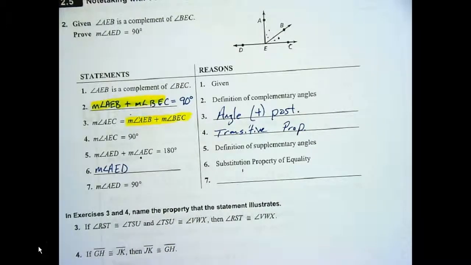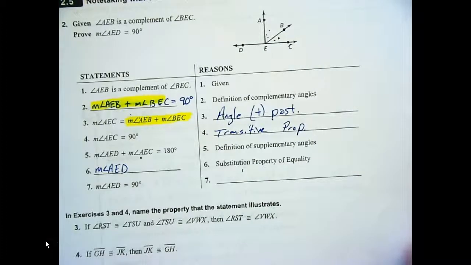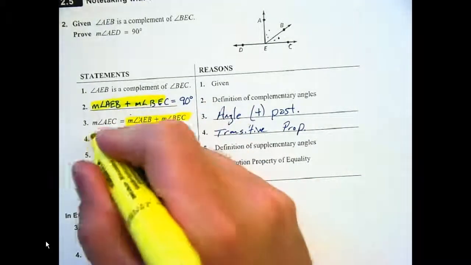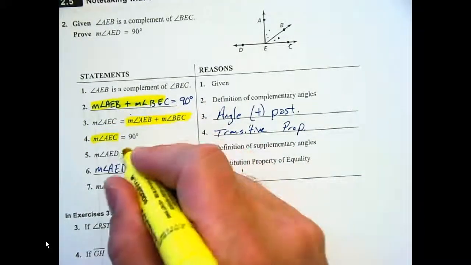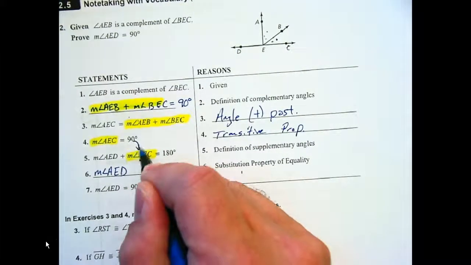You're close. Measure of angle AED equals measure of angle AEC. We don't know that those are equal. So you could say, hey, look, we know that AEC equals 90. So you can just plug that 90 in right there.